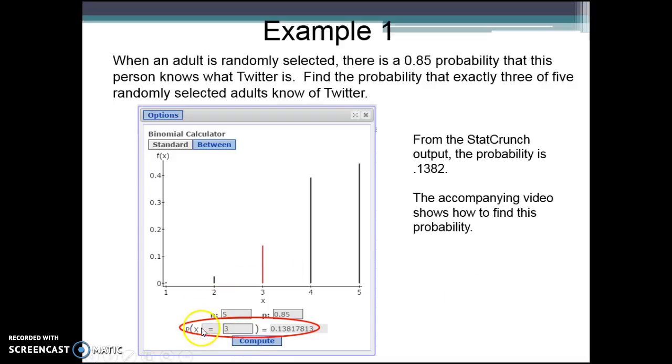So that probability that x equals 3 came out to be 0.1382. We had 5 trials. N was 5. P was 0.85 because that was our probability of success in any one given trial. So the probability that exactly 3 out of the 5 knew what Twitter was would be 0.1382.